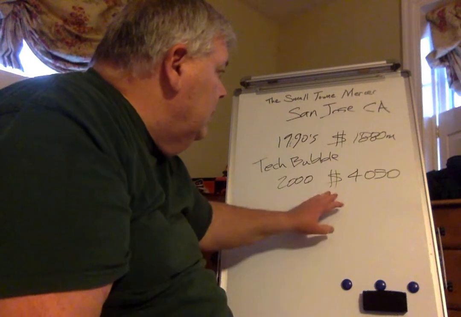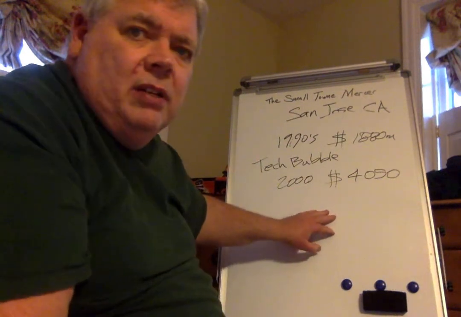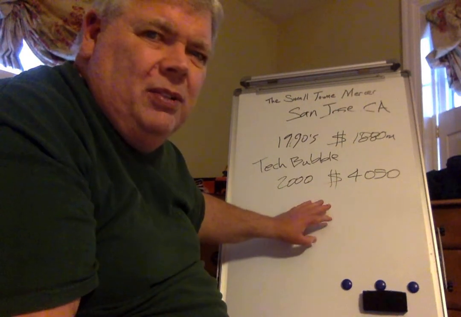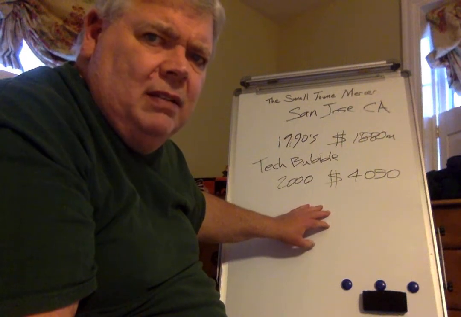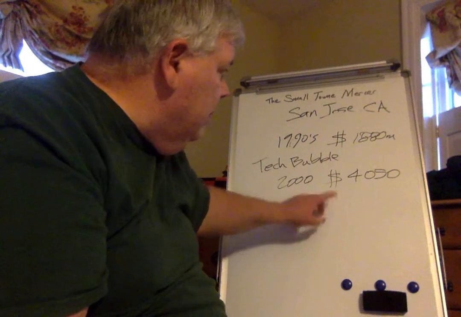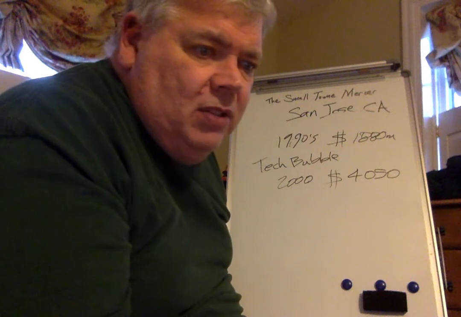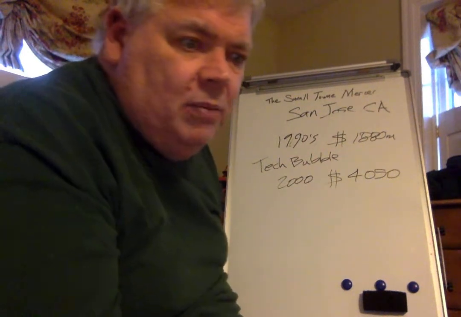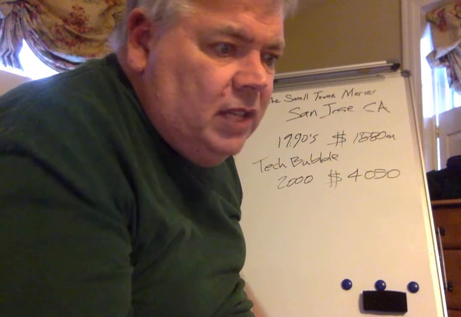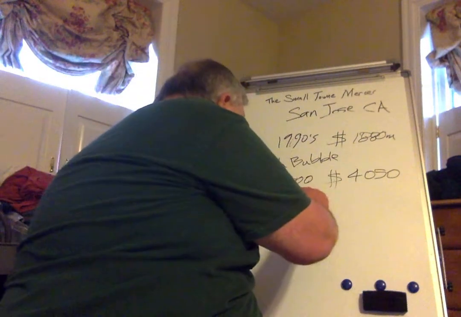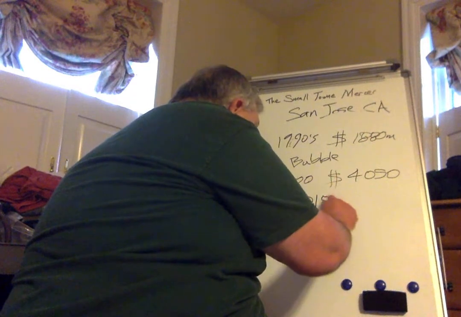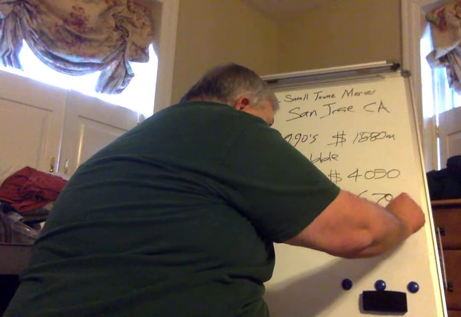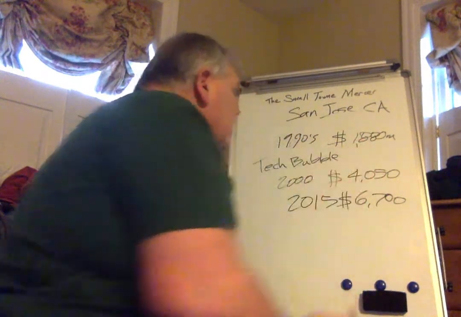And so by 2005, wages are actually going to fall. But by 2010, they're going to be back. Usually in 2007, 2008, the wages are going to go back up above this number. And so by 2010, you're going to have $4,500 at that point. And then all the way to 2015, now it really gets exciting, right? Now you're talking $6,700 take-home pay.